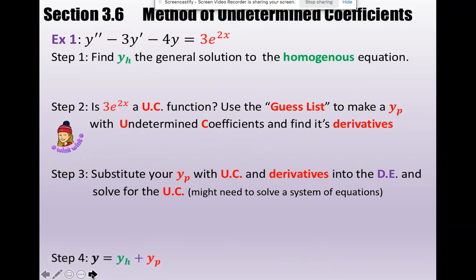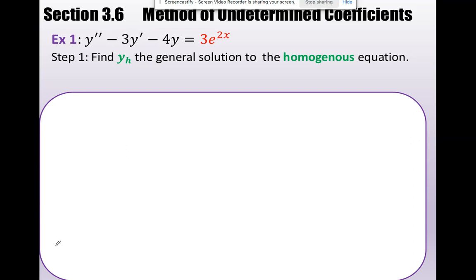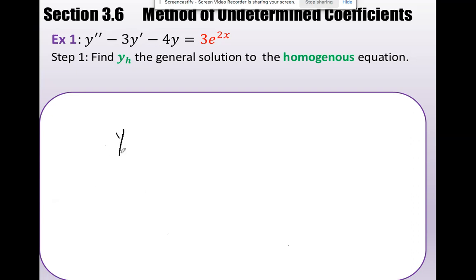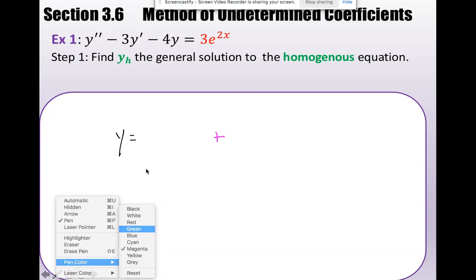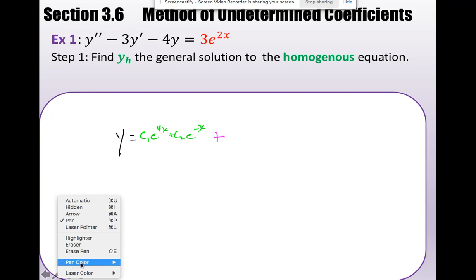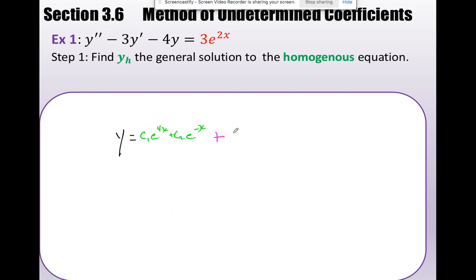Step 4, add them together. So y is the combination of the homogeneous and the non-homogeneous.